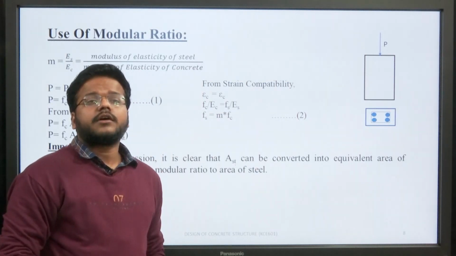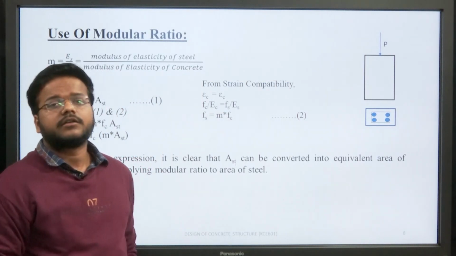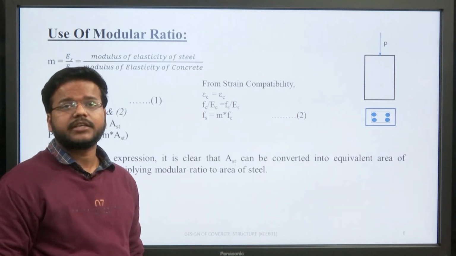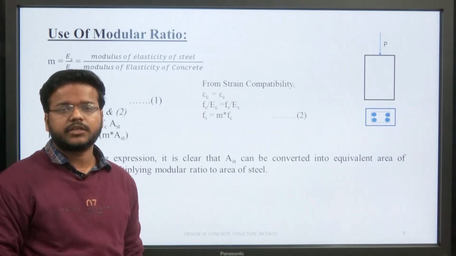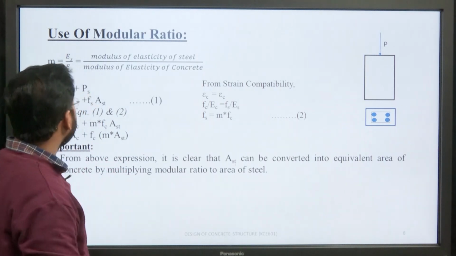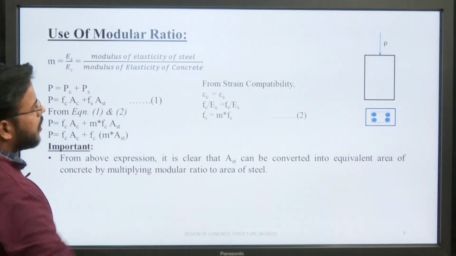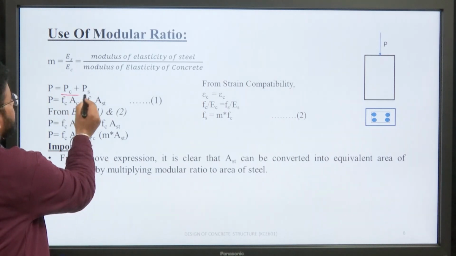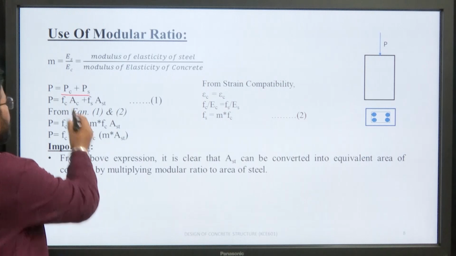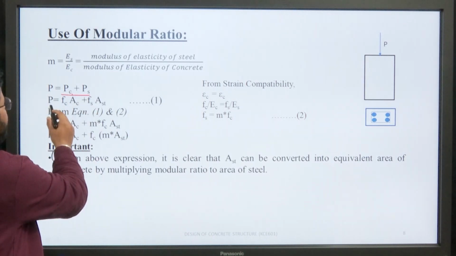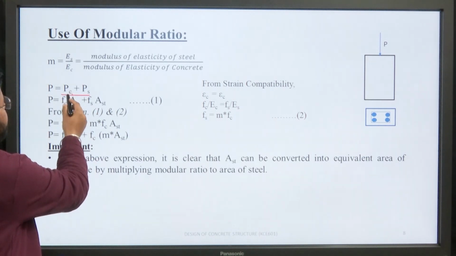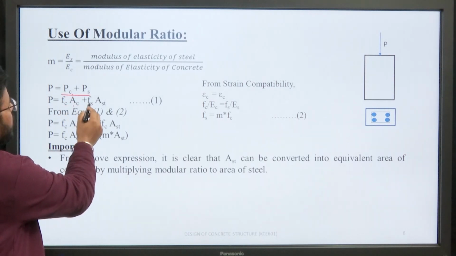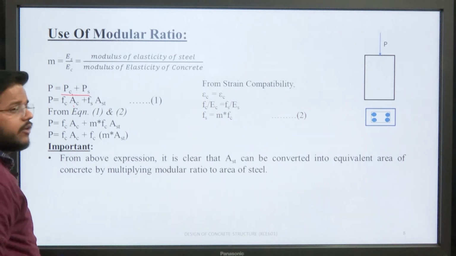Now, the modular ratio is a very important term, which is used during analysis of reinforced concrete structures in the working stress method. You can see a section where a load P is applied. This load is borne by both the concrete and steel. So, we can write the load as stress in concrete into area of concrete plus stress in steel into area of steel.